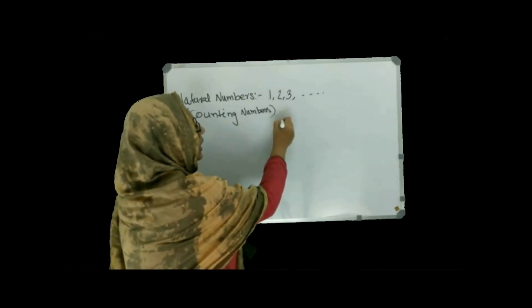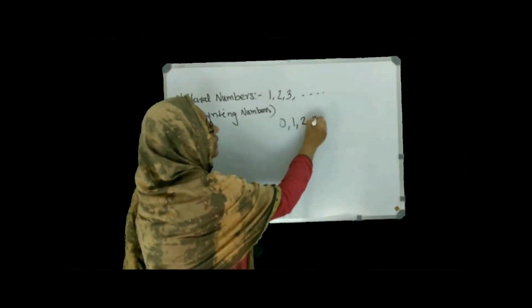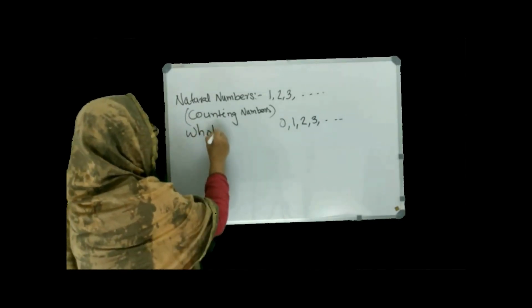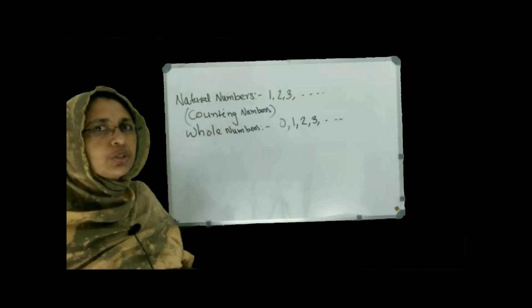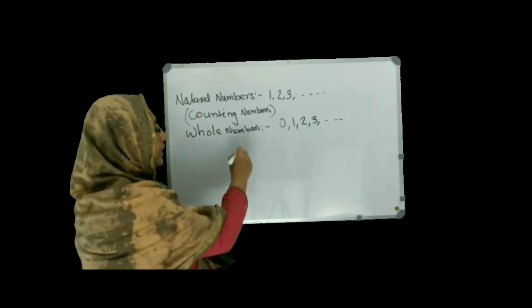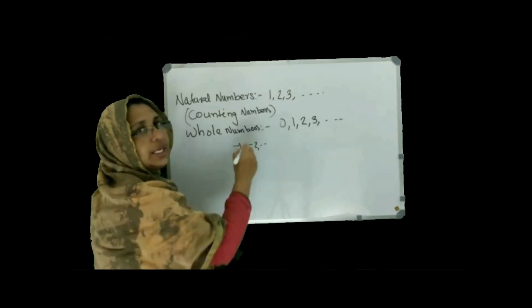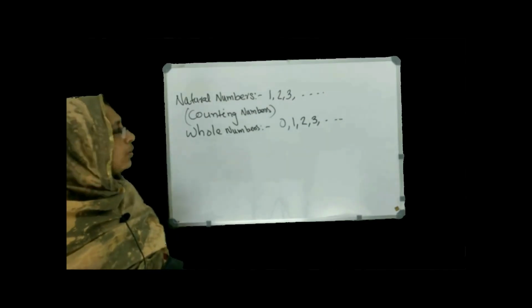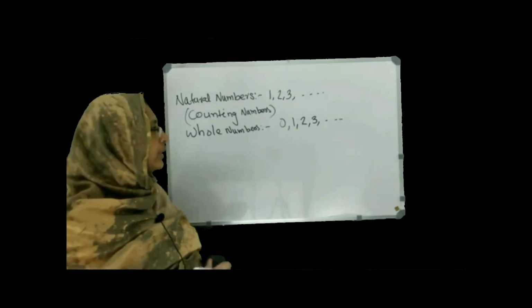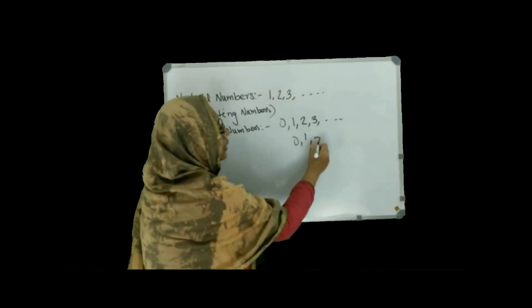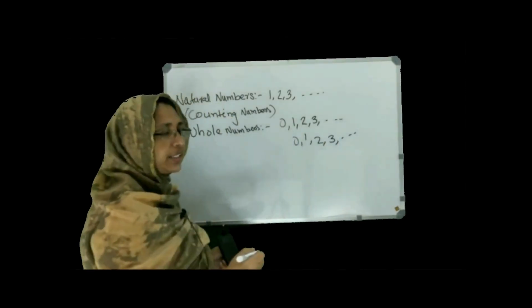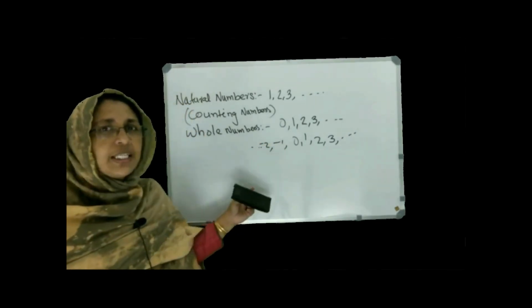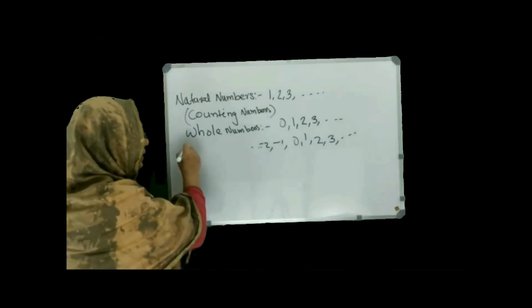Yes, whole numbers: 0, 1, 2, 3, etc. Now we also use negative numbers: negative 1, negative 2, etc. If we add negative numbers to whole numbers, what will you get? 0, 1, 2, 3, etc., negative 1, negative 2, etc. These numbers are called integers.